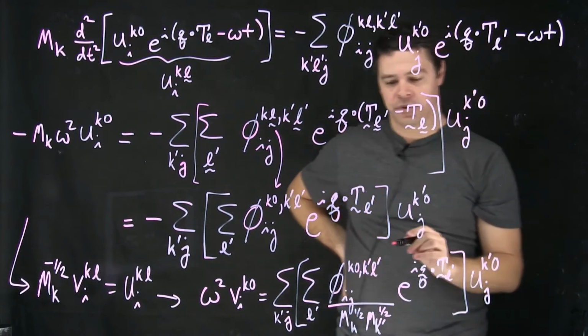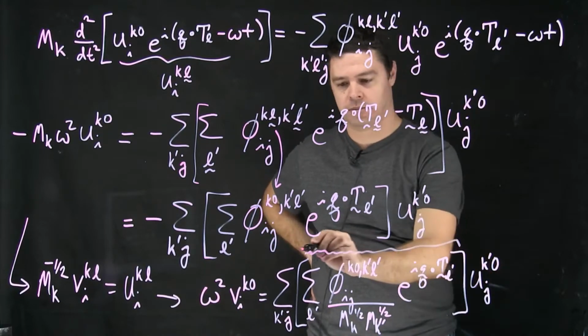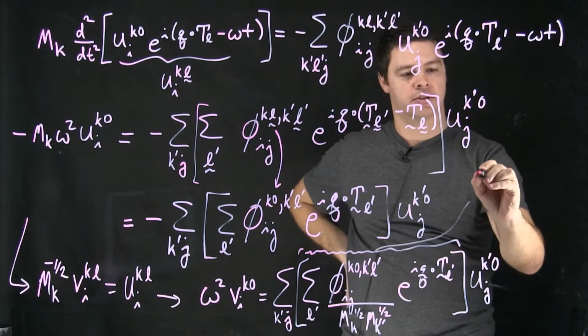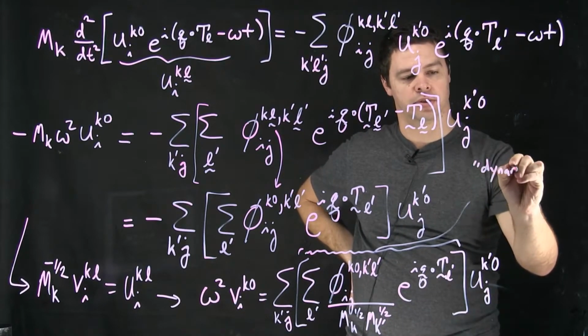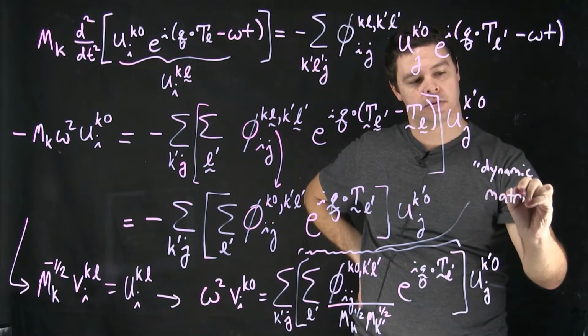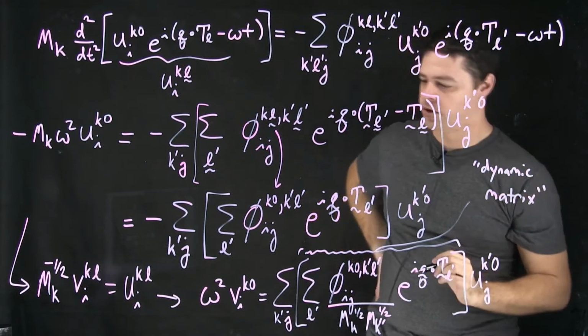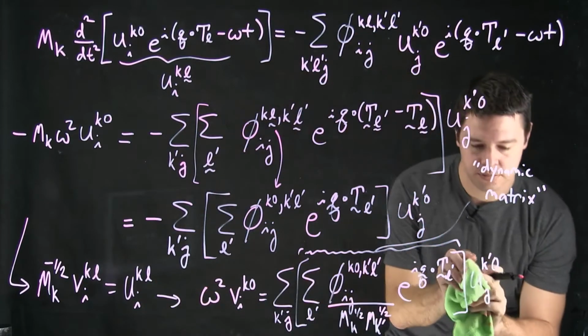Okay, so this thing inside is called the dynamical matrix, or sometimes just the dynamic matrix. Oh sorry, I wrote U, but I meant V.